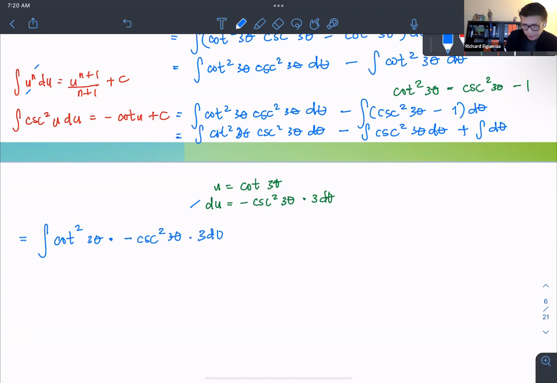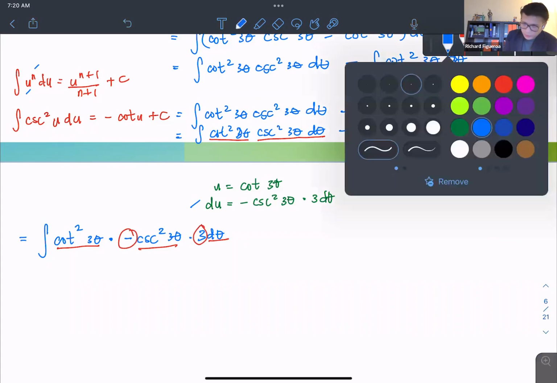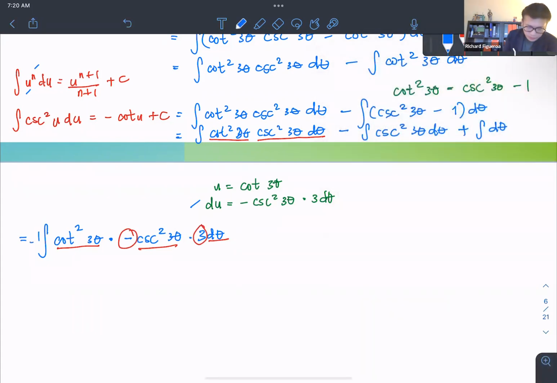Multiply it with 3 d theta. Okay, so that's our first term. And then what is in excess there? So comparing the two, we have cotangent squared and cotangent squared, then cosecant d theta, cosecant d theta. So we are in excess of negative 1/3. So we multiply this one by negative 1/3.